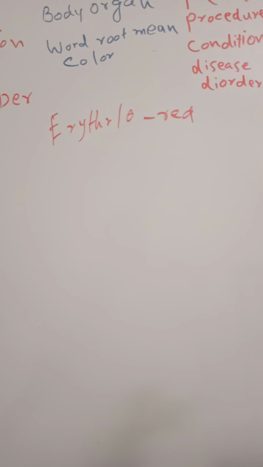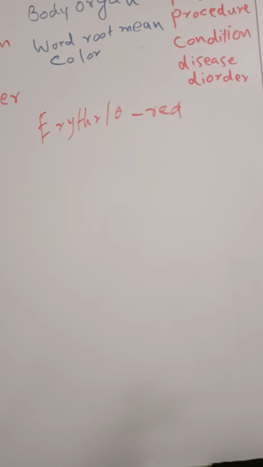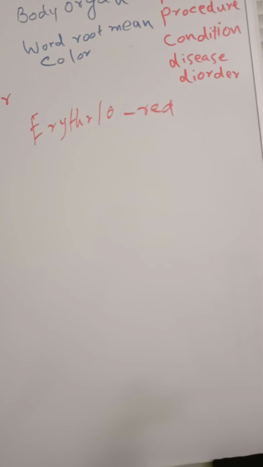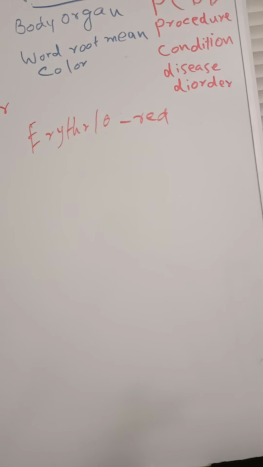Erythr means red. Erythro, O is the vowel. The word root is erythr, and O is the vowel. When we combine them together, this is called a combining form. And sometimes we use the combining form also. And this is the fourth part of a medical term. Erythro means red. The word here is erythrocyte. Erythrocyte is the technical name for red blood cell.